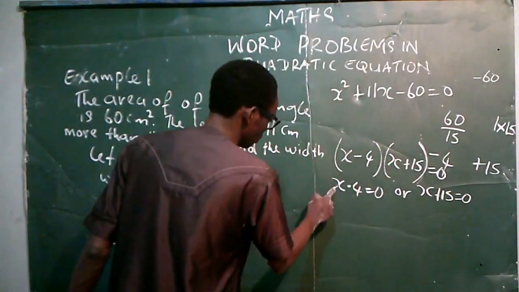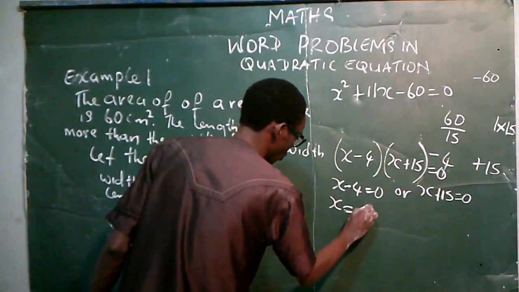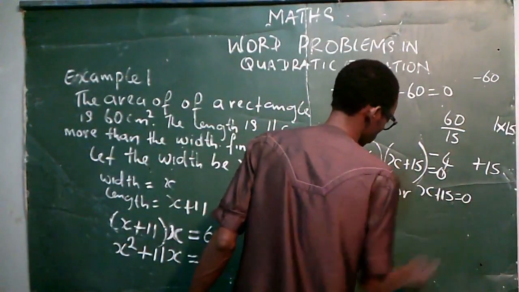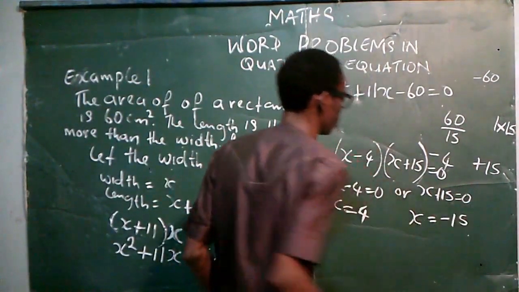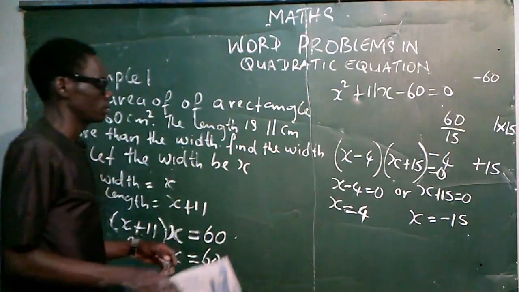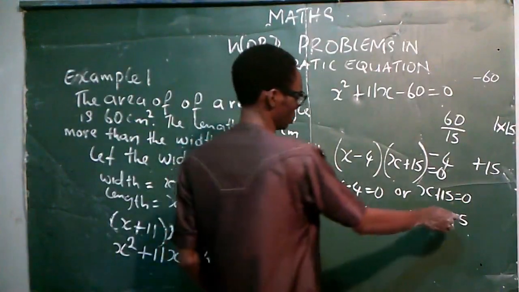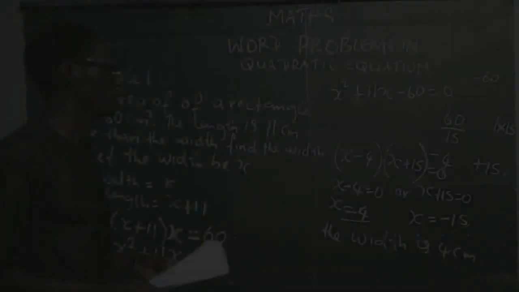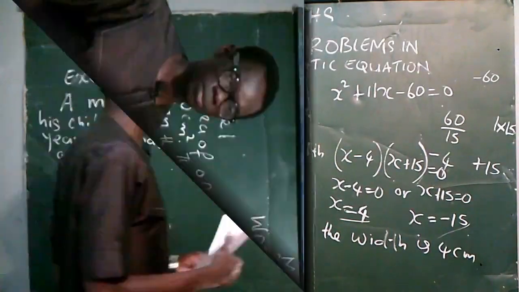Now, if x minus 4 equals 0, x equals 4. If x plus 15 equals 0, therefore x equals minus 15. Since we are looking for the width, the width cannot be negative, so this one is not acceptable. So we use 4. The width is 4 centimeters.